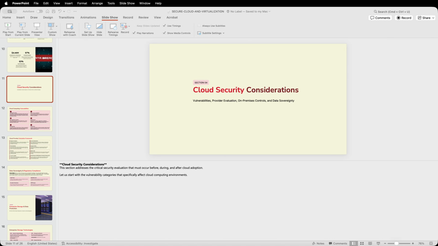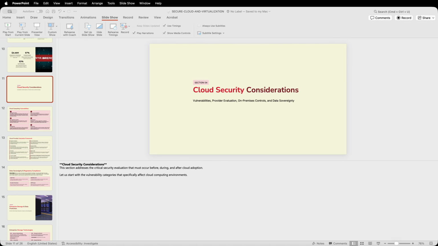The choice between provider managed keys, bring your own key, or hold your own key represents a fundamental security trade-off. Now, with provider managed encryption, the cloud provider handles all key generation, storage, retention, and destruction. Convenient, but requiring trust that the provider's key management infrastructure is secure against both external attacks and malicious insiders.